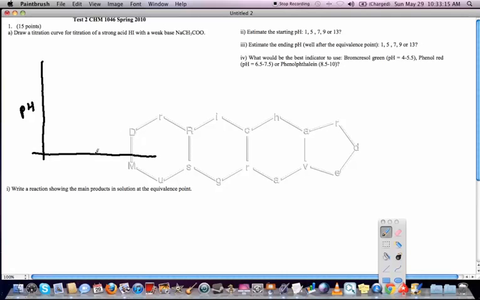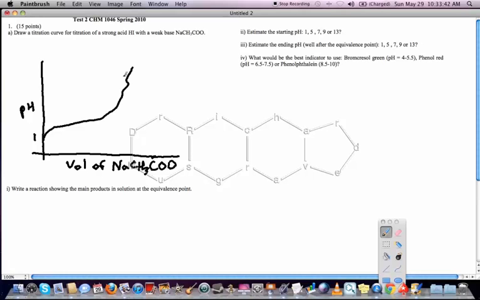Alright, we'll have pH along that axis, and what's being added to the flask will be the weak base, so volume of NaCH3COO is what we're going to see there. Now it says titration of a strong acid with a weak base, so we're going to start out with a pH of about 1.